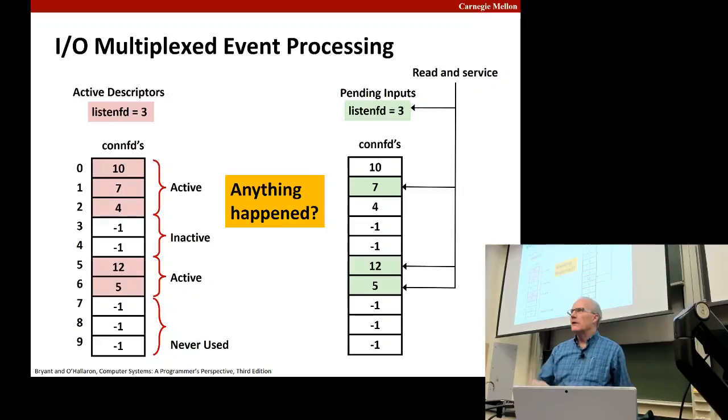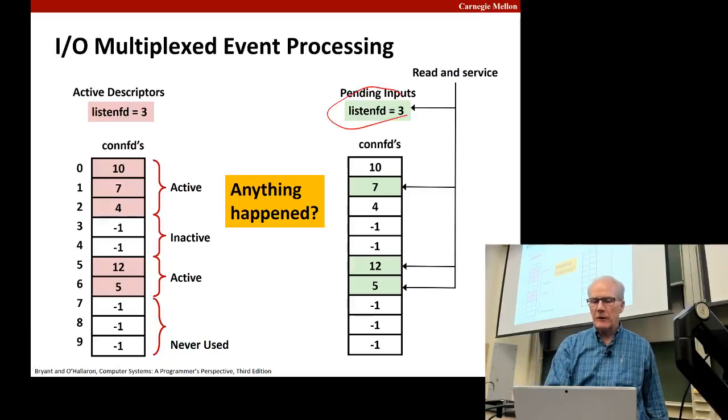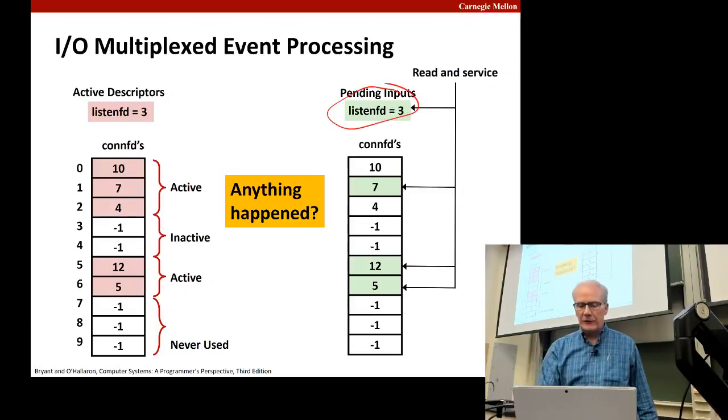Your program can then just pick through this array and say, oh, okay, there's a new connection request. Let me accept that and create a new connection file descriptor somewhere in this array. And oh, there's input from this client here, so I'll read that and echo it back. And there's input from these other two as well. So it actually is all purely sequential code, and in some ways easier to think about.